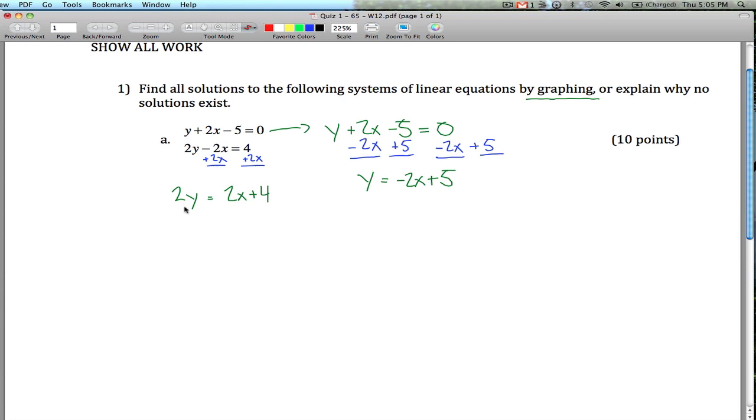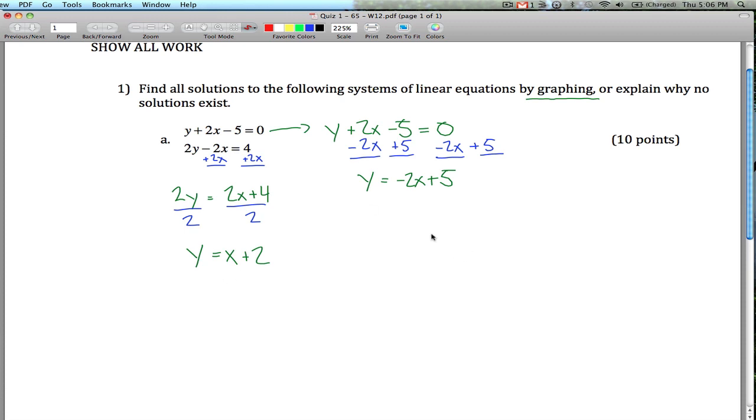And then you're like, right, but I want to know what y equals. It's like, okay, we'll just divide both sides by 2. Oh, 2y divided by 2 is just y. 2x divided by 2 is x. 4 divided by 2 is 2.